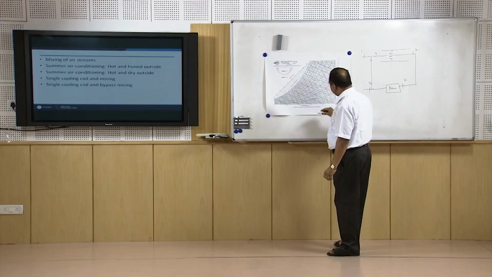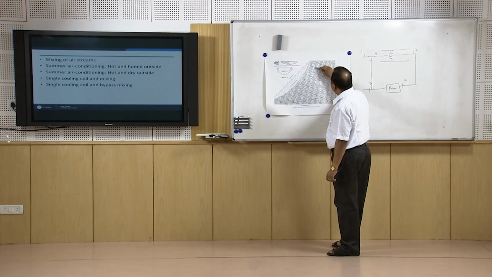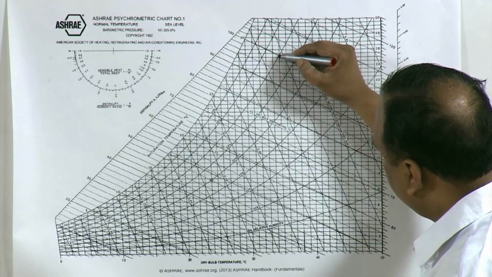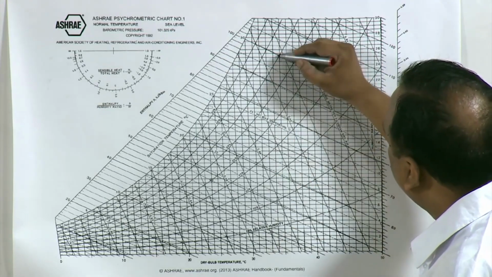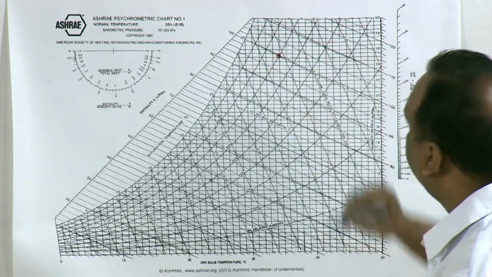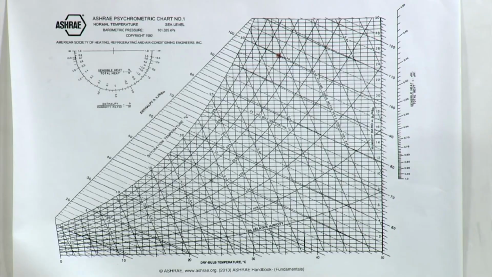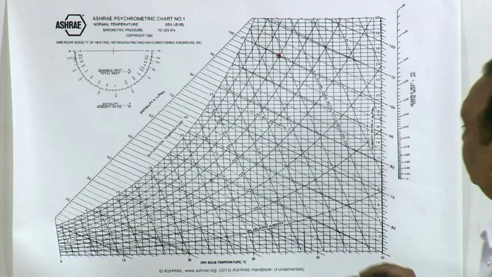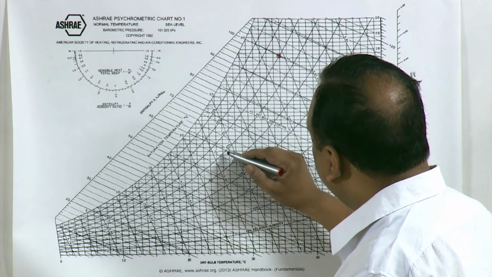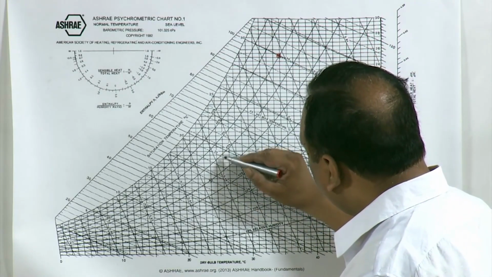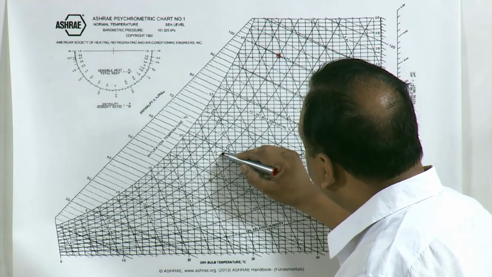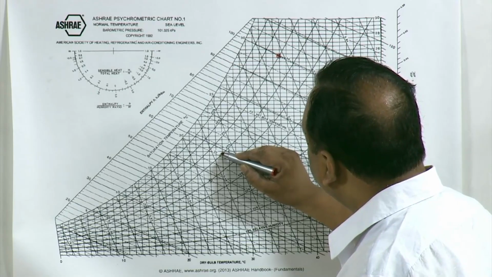Now, if I want to depict this process on the psychrometric diagram, suppose at 35 degrees centigrade and 70% relative humidity, some coastal climate, this air is mixed with the return air which is at, let us say, 26 degrees centigrade and 60% relative humidity.